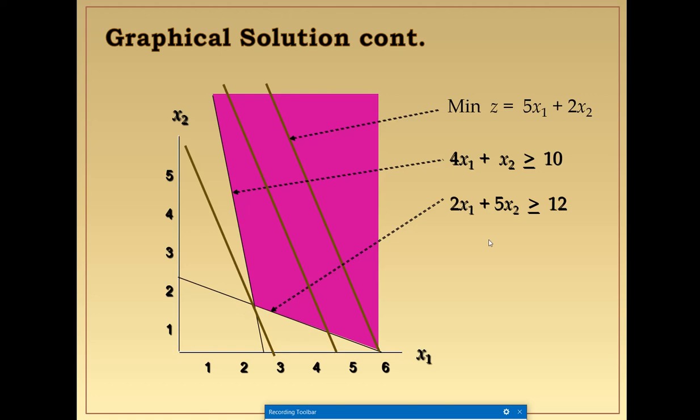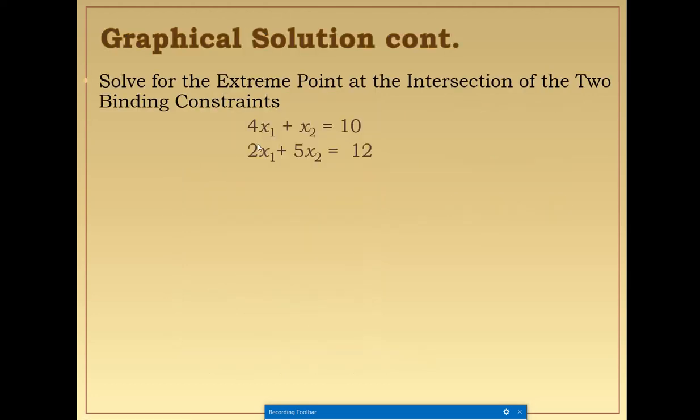Besides solving these two equations simultaneously, you also can multiply the second constraint by 2 so that you get the coefficient of x1 becomes 4. So 4, 10 and 24. Then you can subtract ataupun buat operasi tolak antara constraint pertama dengan constraint yang kedua.